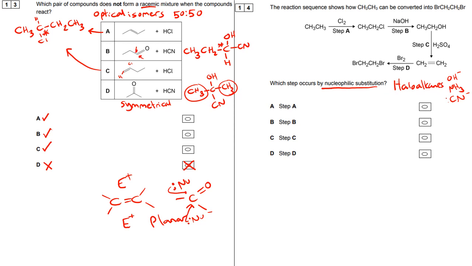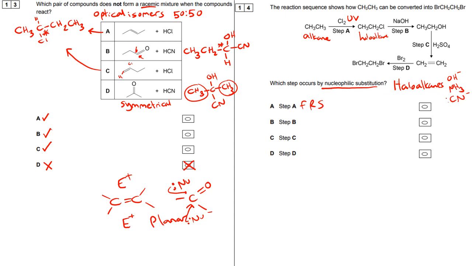So you're going from an alkane to a haloalkane in step A. Halogen is used. The C-C bonds and the C-H bonds are fairly inert, so this will only occur in the presence of UV light. So step A is free radical substitution.